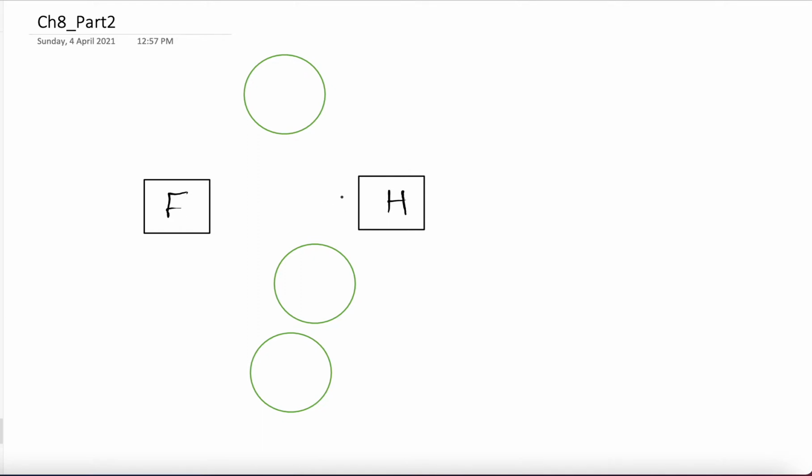So 2 players, and an economy with only a private sector. We have producers and consumers. These are producers, these are consumers.